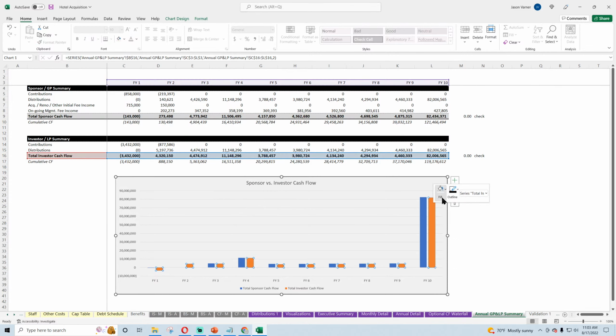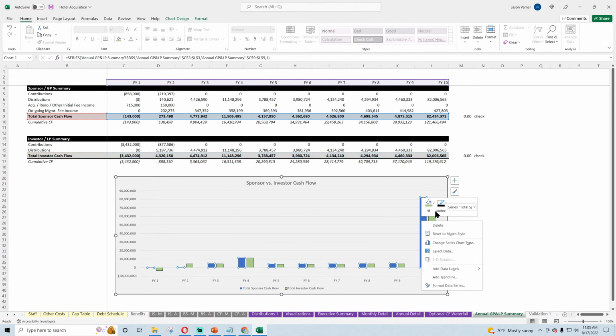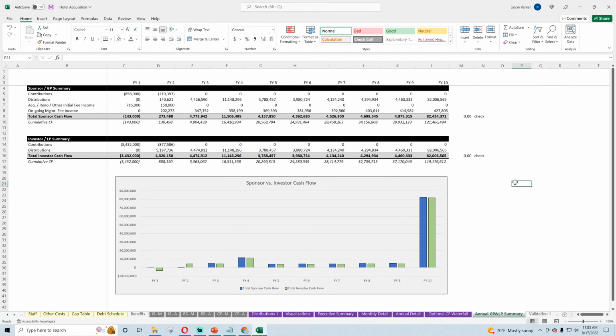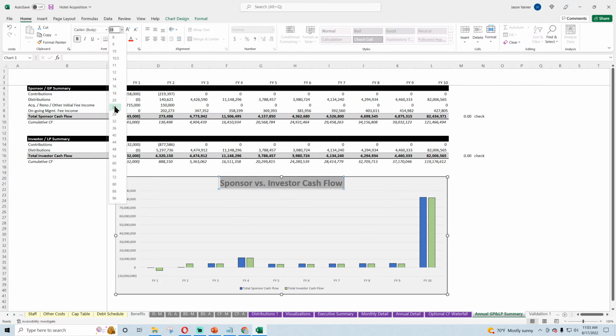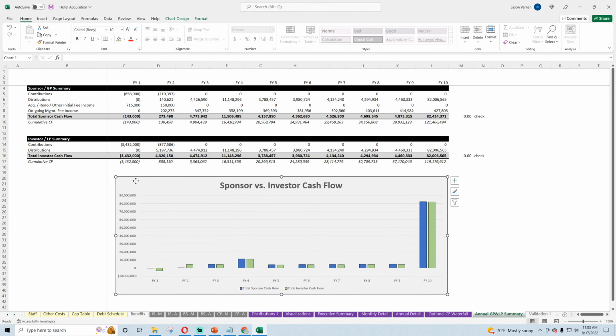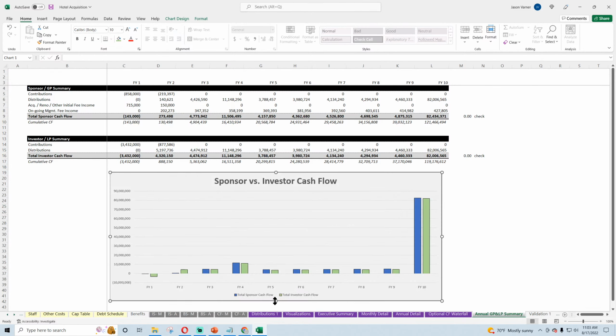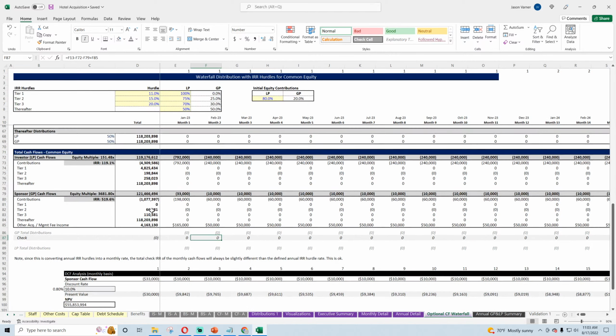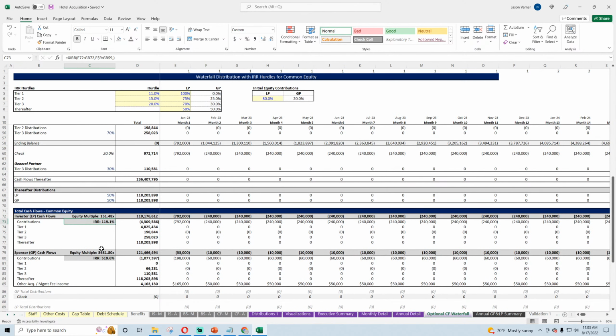All right, and change these a little bit. Get this a little bit bigger. All right, looking good. So there we have it. Now you have total returns and IRR over here.